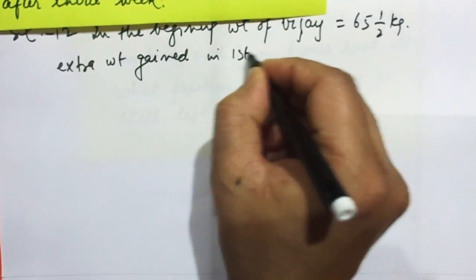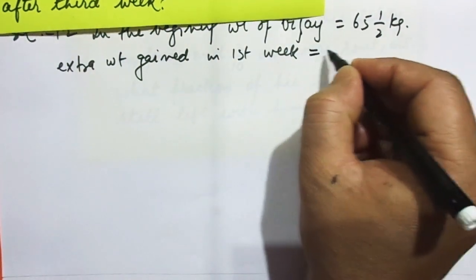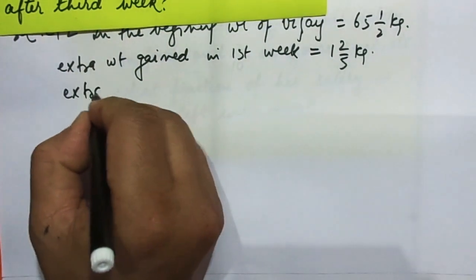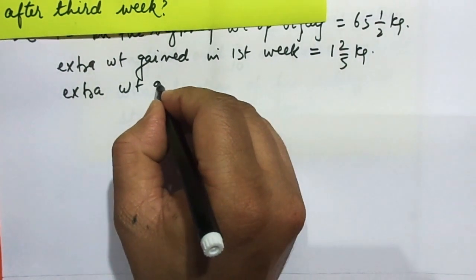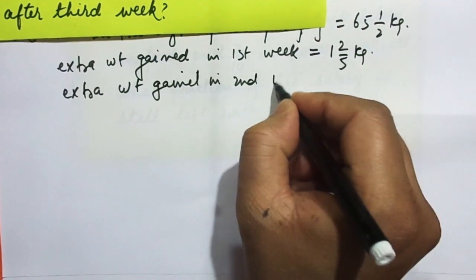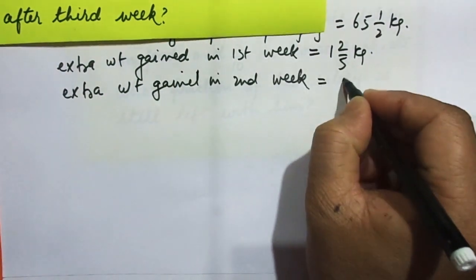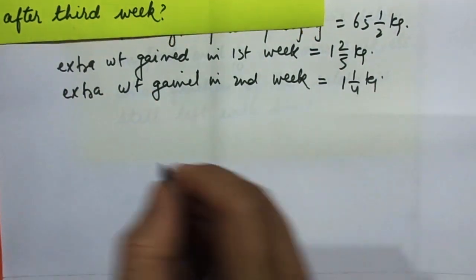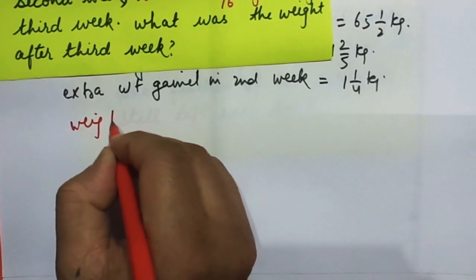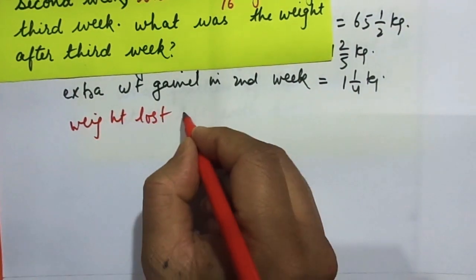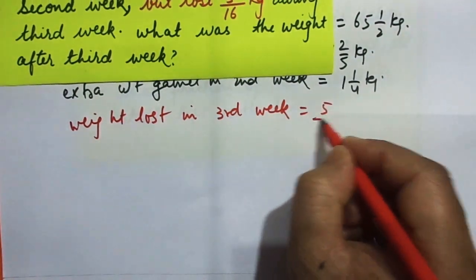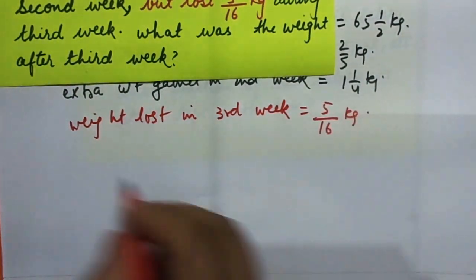in first week is equal to 1 2 by 5 kg. Extra weight gained in second week is equal to 1 by 4 kg, and at the end weight lost in third week is equal to 5 by 16 kg.